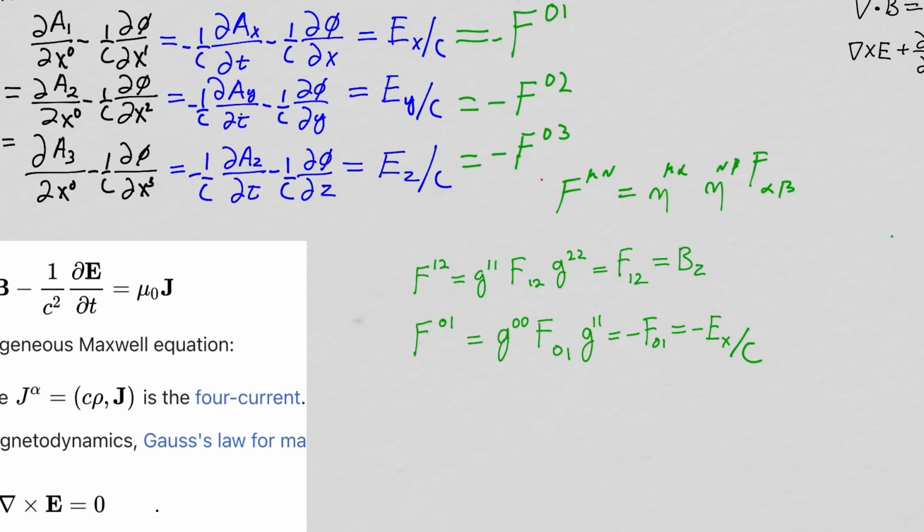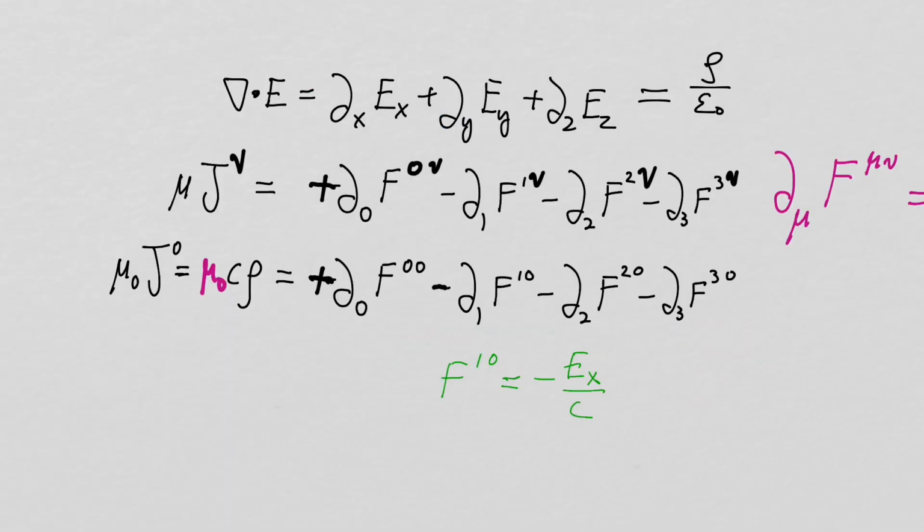F01 contravariant is the opposite of F01 covariant. So F01 contravariant is minus Ex over C. So this becomes minus Ex over C, minus Ey over C, and minus Ez over C, just substituting for the F, right?